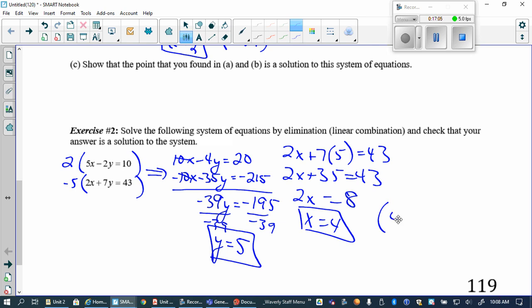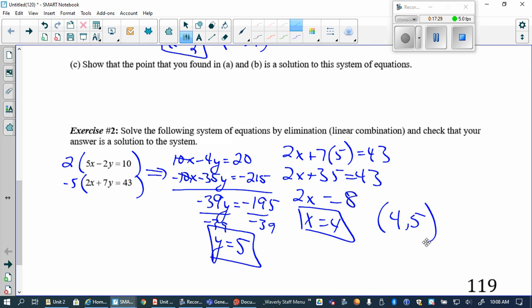So it is (4, 5). Everybody able to get that? That's why we wanted these to be 10 and negative 10, so that when we add them, they go away. It's in the title, okay?